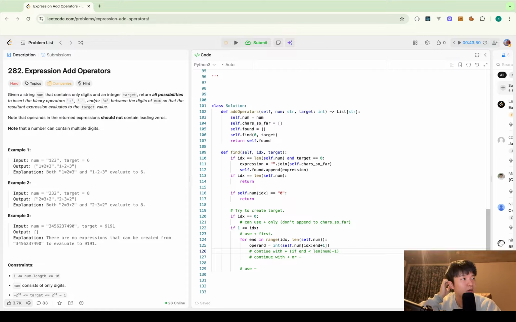Right? So let's think of this case first. If I choose plus or minus, I just have to continue the recursion backtracking in this way.